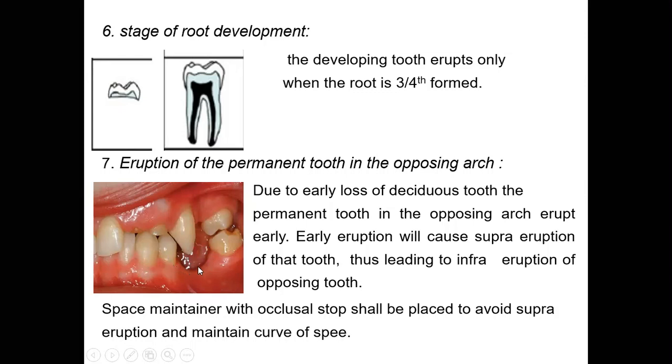In this case, we will design a space maintainer with another component called an occlusal stop. So we do give the space maintainer, but it will be modified. I will give, at the top of this space maintainer, a stop called an occlusal stop. That occlusal stop will not allow the supra eruption of this tooth. So this is another factor which we need to consider.